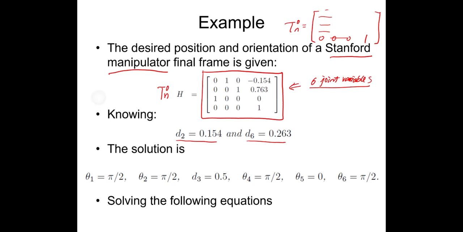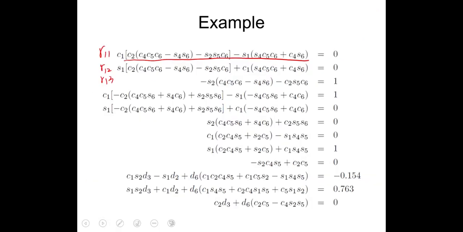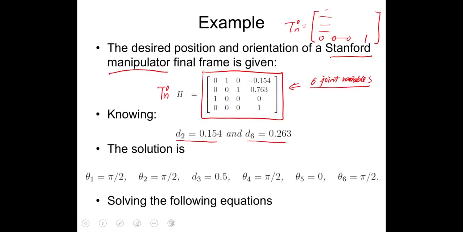And based on the DH convention, we already know that the Tn0 matrix is a function of the six joint variables. So it becomes pretty clear that these 12 elements are exactly equal to these 12 numbers, which are given as the desired rotation matrix. Okay, so it's clear.